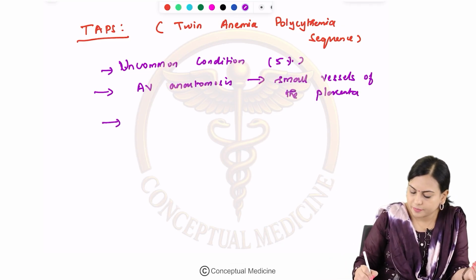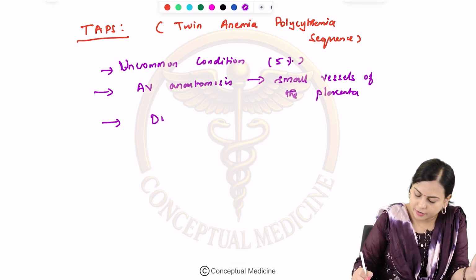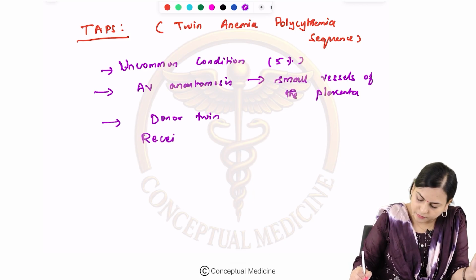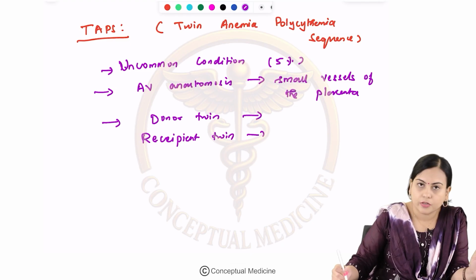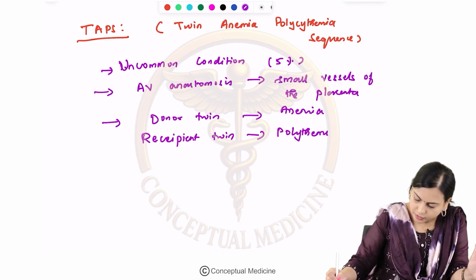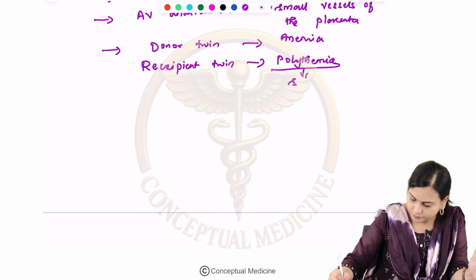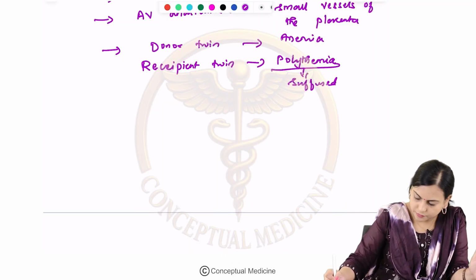So, definitely from the name itself you would have got the point now. We have a donor twin and we have a recipient twin. So, donor is going to develop anemia and the recipient is going to develop polycythemia and it appears to be plethoric.